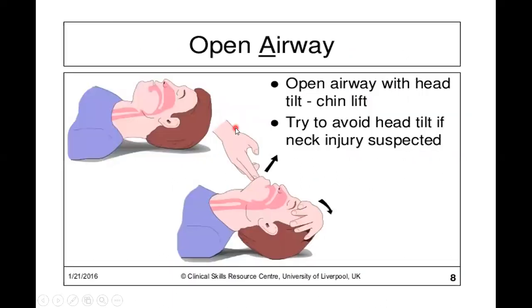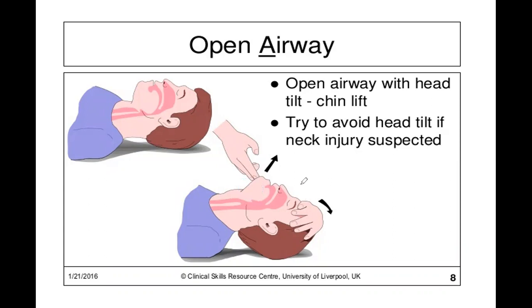Okay, so I'll just go to the diagram. You can read through the notes. So the head tilt and chin lift maneuver, as you see this patient here, what is happening is this. Okay, let us do this. This area here has a lot of soft tissue. So this soft tissue is compressing the airway.